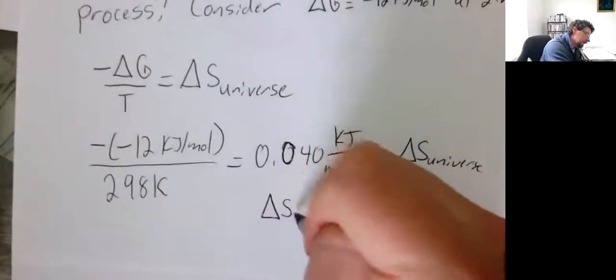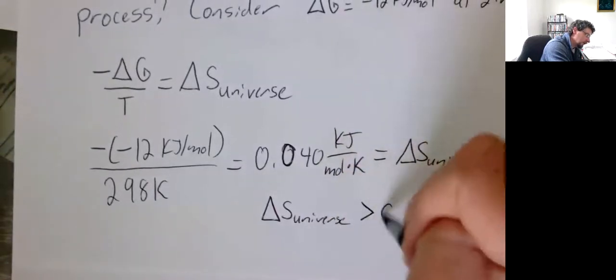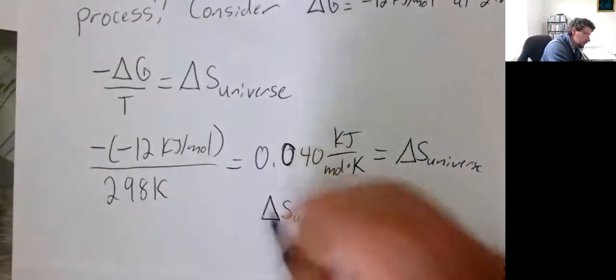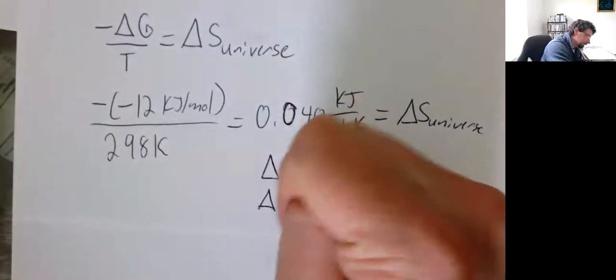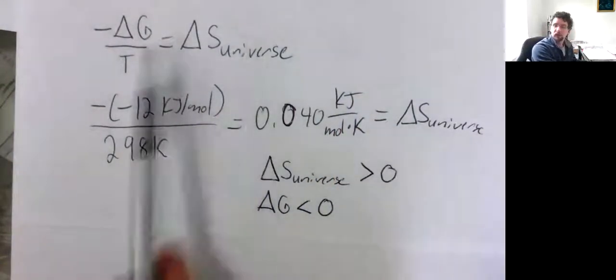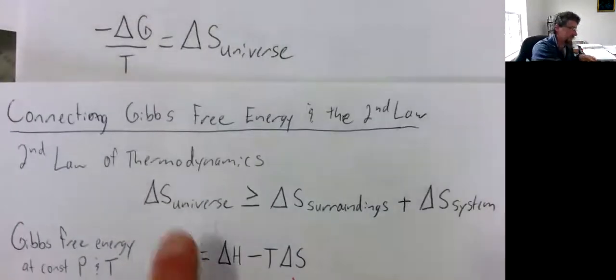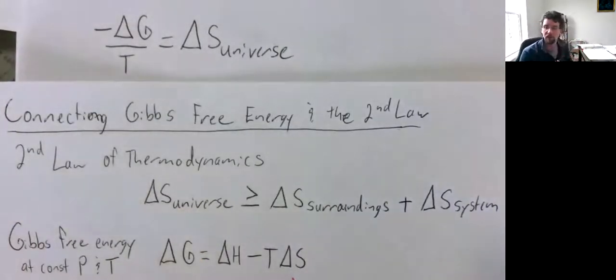So when delta S of the universe is greater than 0, our delta G value has to be less than 0 based upon this relationship. So that's why when you have a negative delta G, this process is spontaneous. It all falls back to the second law of thermodynamics, which says that the entropy of the universe needs to ever increase for a spontaneous process to occur.